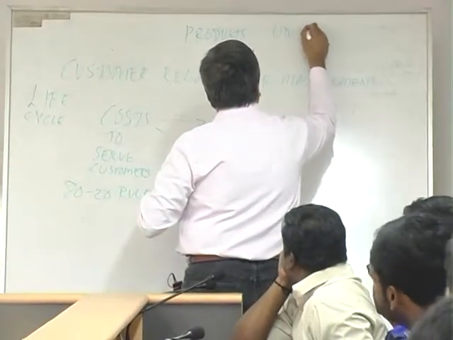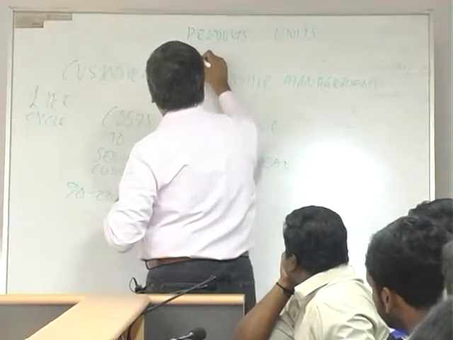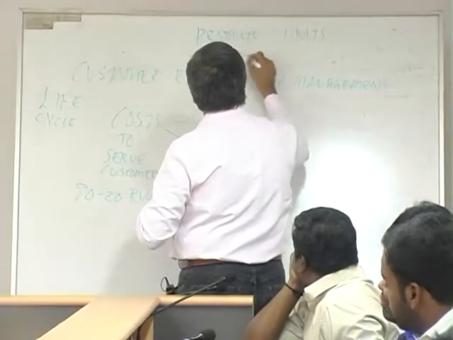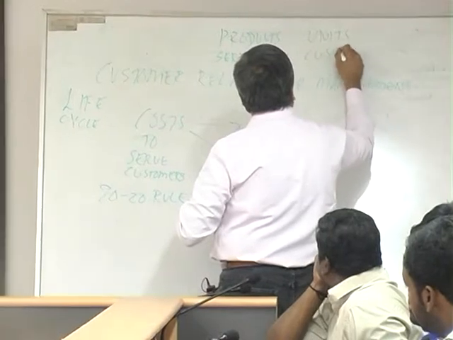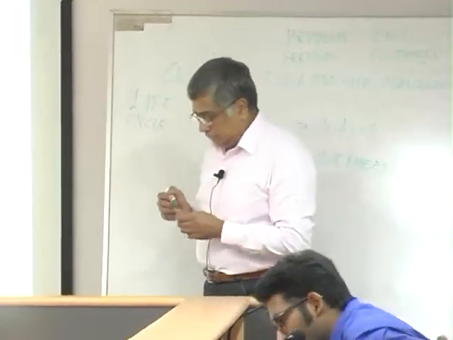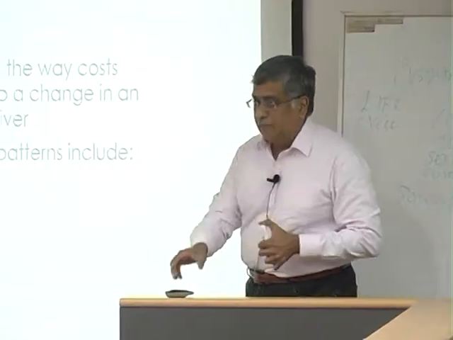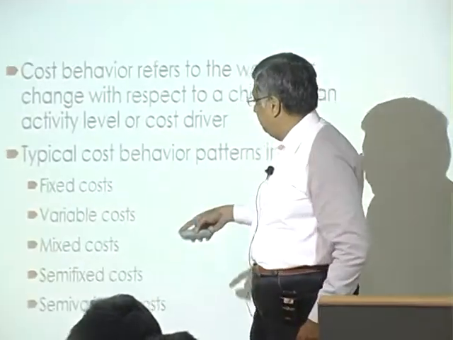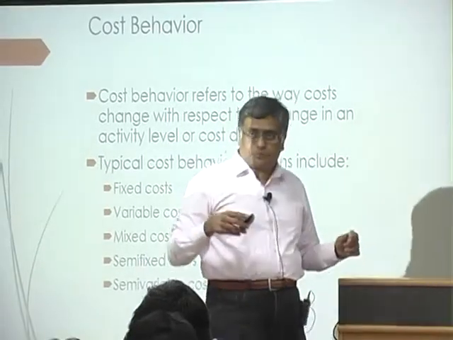And for services, it will be customers. All right, and I will show you the graphs of these 5 scenarios, although some can be collapsed into each other.